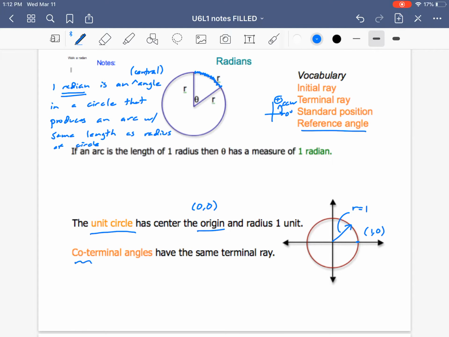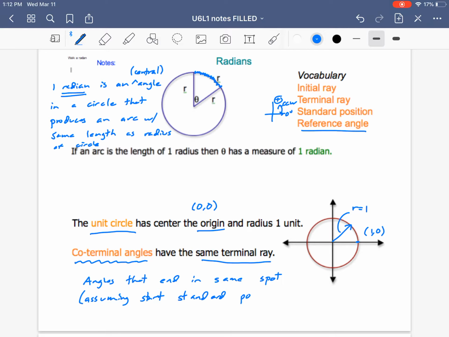And coterminal angles, they have the same terminal ray, right? Or in other words, angles that end in the same spot, assuming you start in standard position.